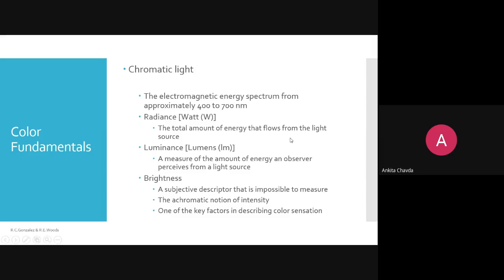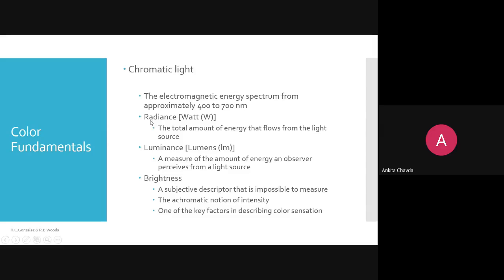Chromatic light spans the electromagnetic energy spectrum from approximately 400 to 700 nm. How can you measure this, or what are the different factors? In the very first unit you have seen these terms: radiance, luminance, and brightness. Brightness we have discussed, we cannot measure. Do you remember that?